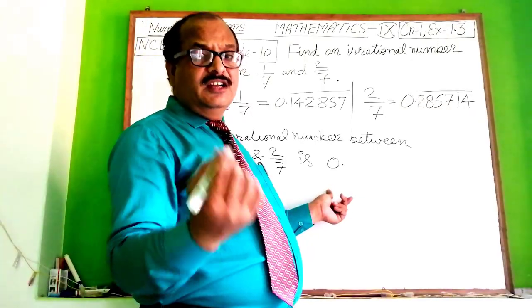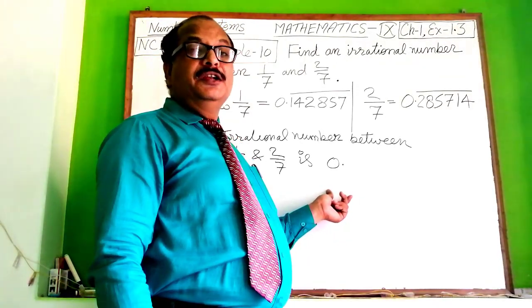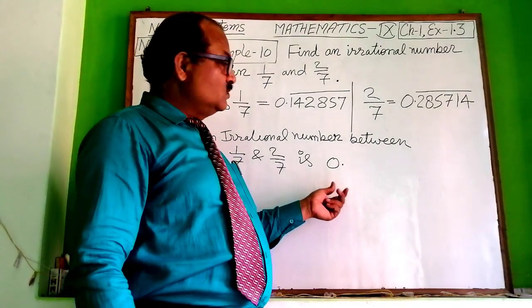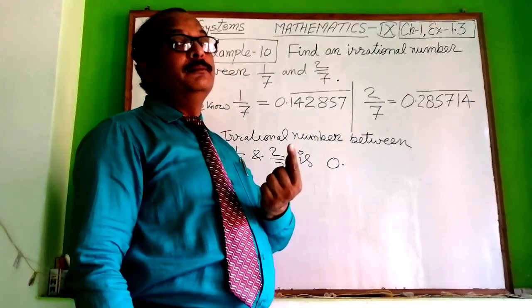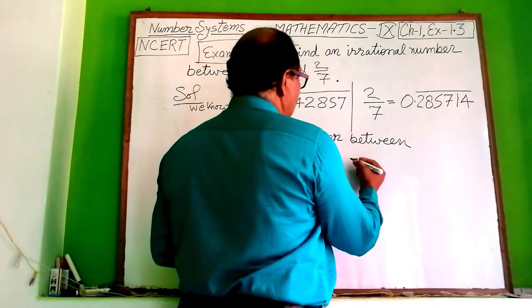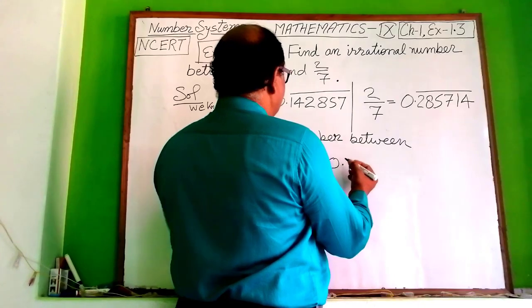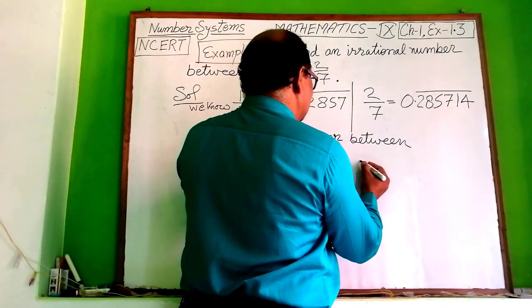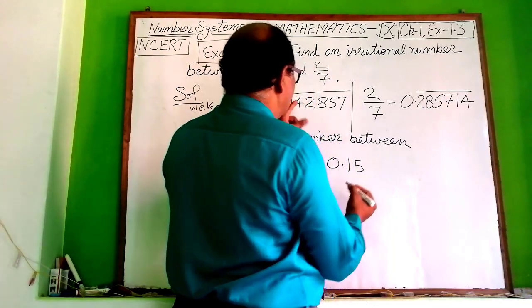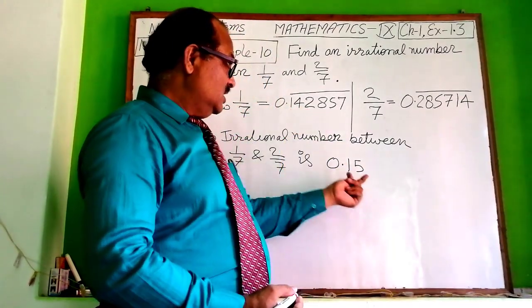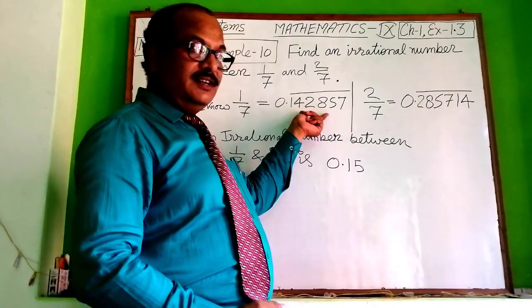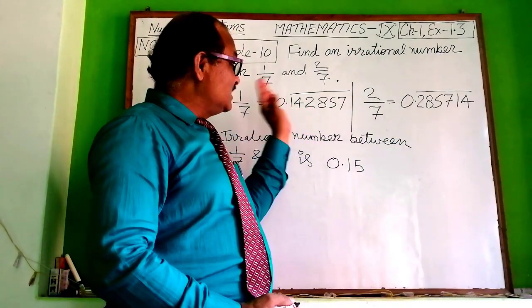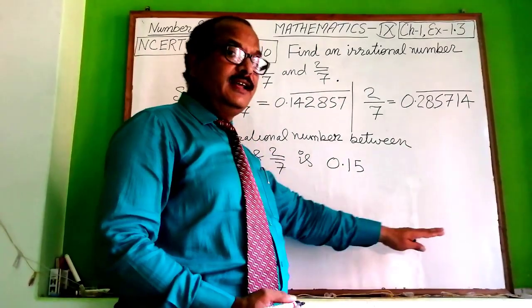There is not only one number, there are infinitely many numbers between any two given real numbers, so I am writing only one of them. Here we can write 5 or 6. If you write 5, it is greater than the previous number. So between them, just after any digit, you can select.